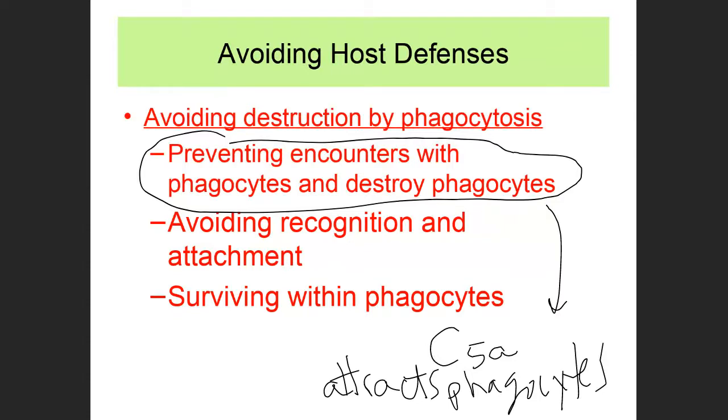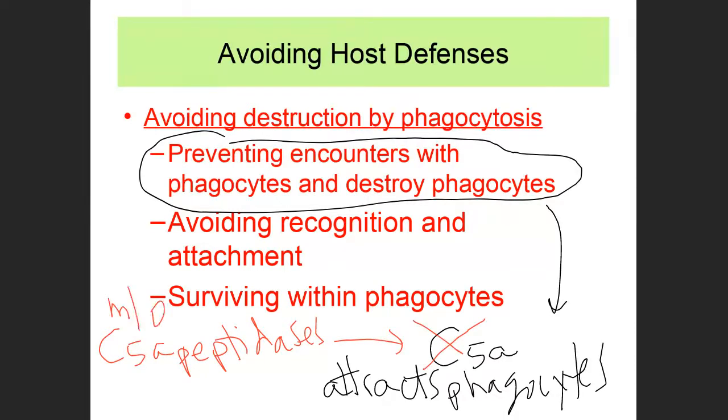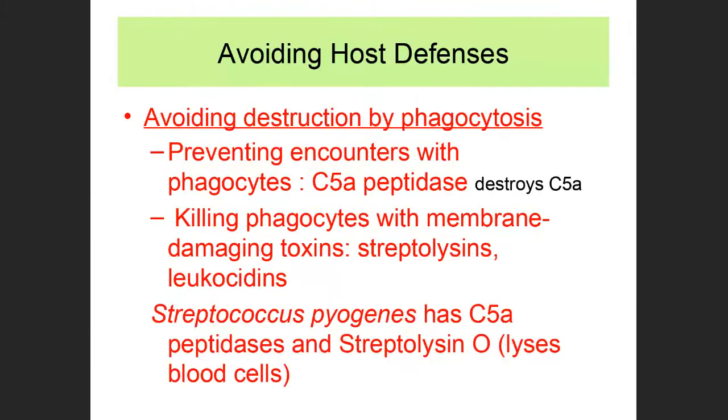So some microorganisms have C5a peptidases that destroy C5a. So that would be one way to deal with phagocytes, is to prevent encountering them.